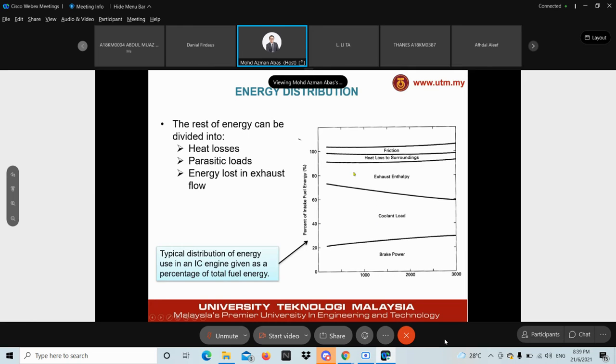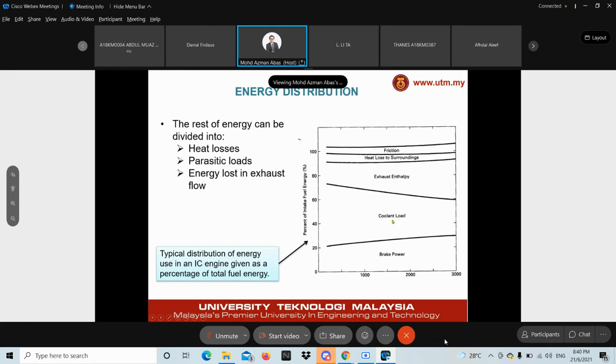Just imagine a certain amount of energy, 100%, is being provided into the internal combustion engine. You can see that 20 to 30% is effectively being used to produce brake power, but the rest is just all wasted.